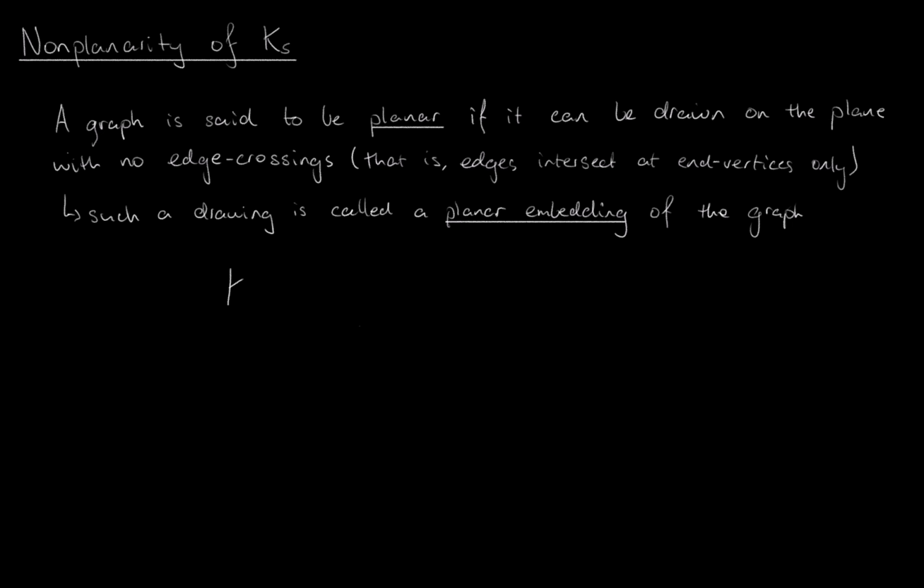We have here the complete graph on 4 vertices. So say we have 4 vertices scattered in this way. And because we have a complete graph, every pair of vertices are adjacent. So there's an edge between every pair of vertices. So let's draw that out.